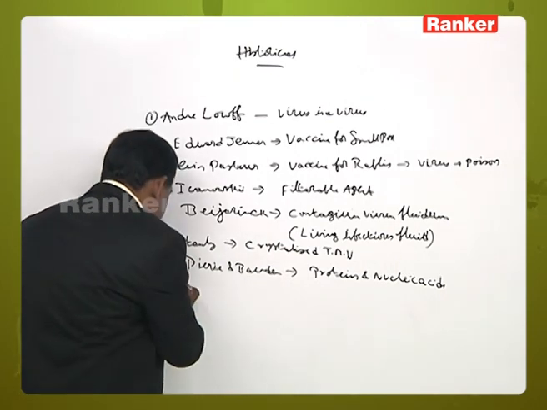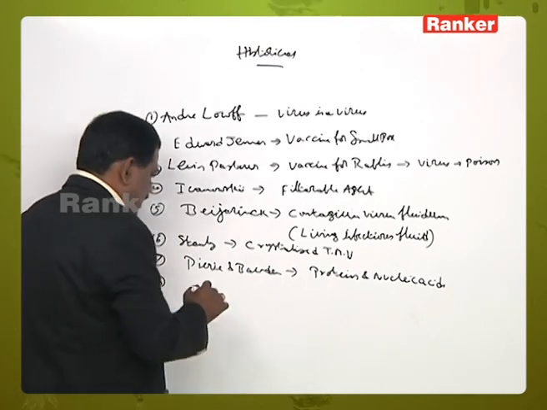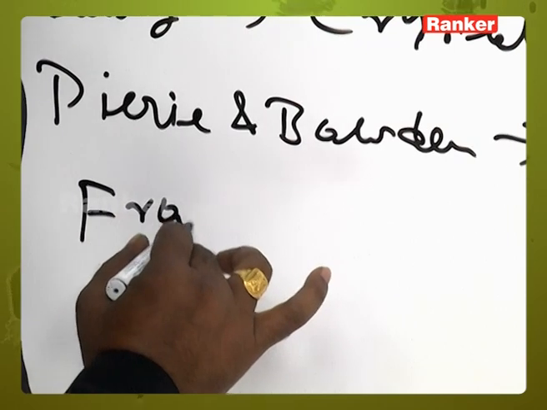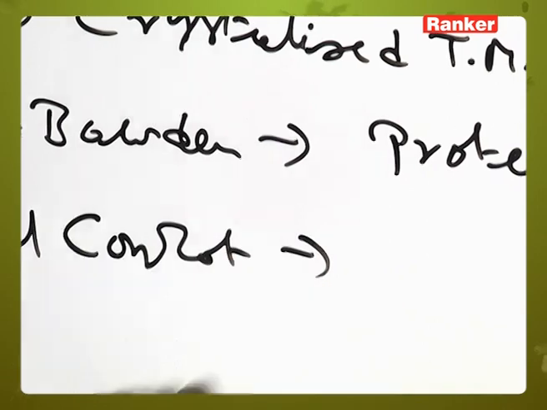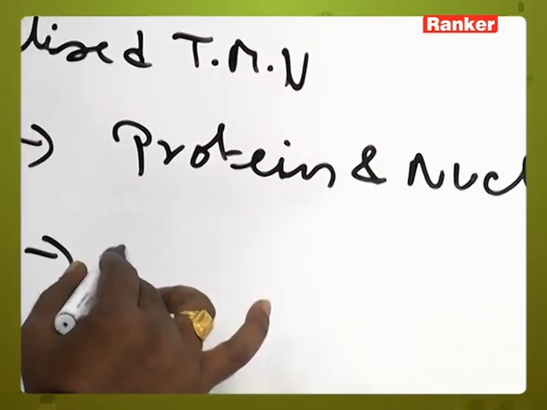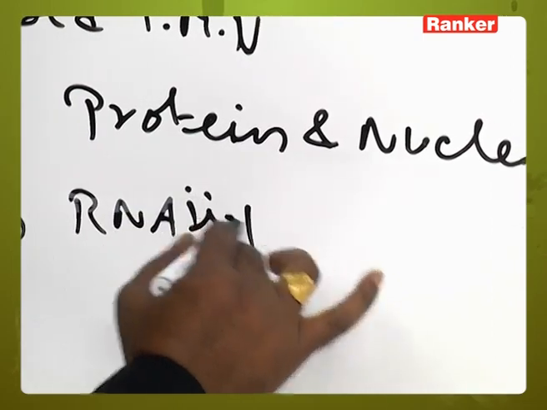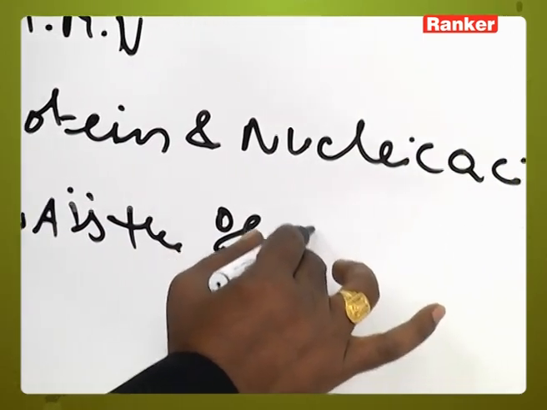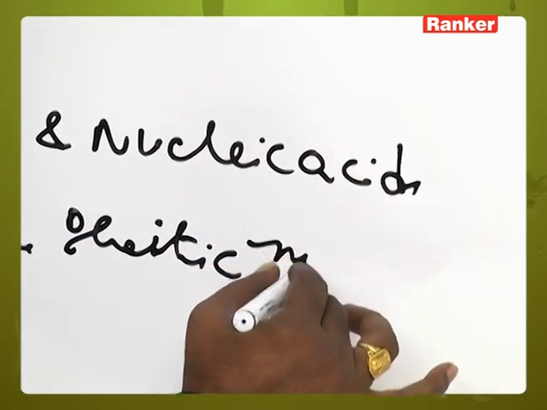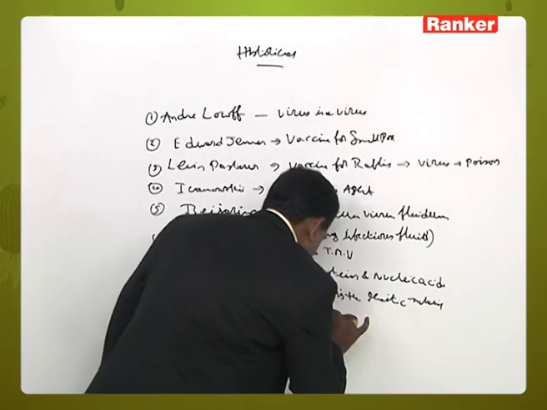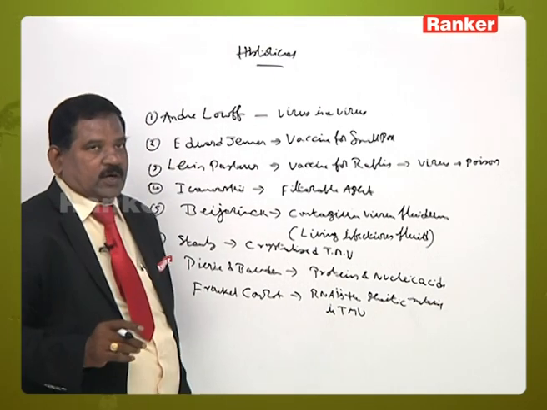The nucleic acid in TMV is RNA, stated by Fraenkel-Conrat. RNA is the genetic material in TMV.